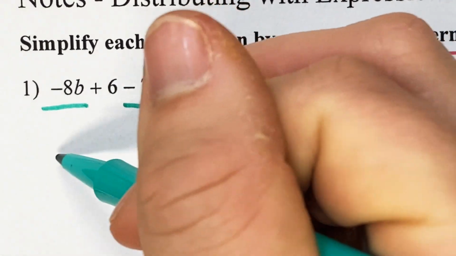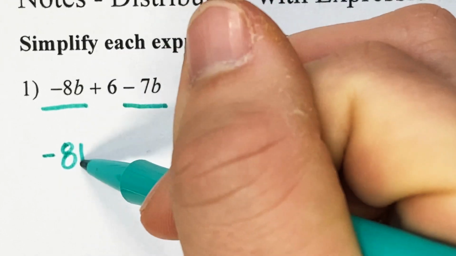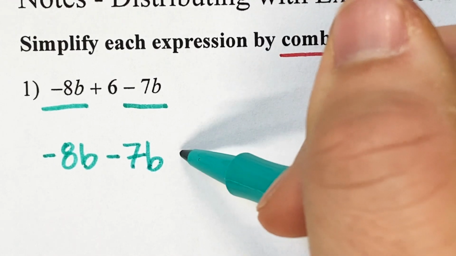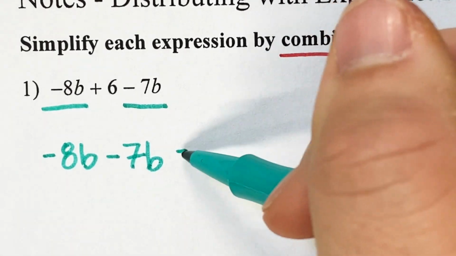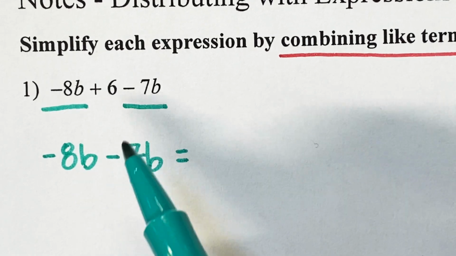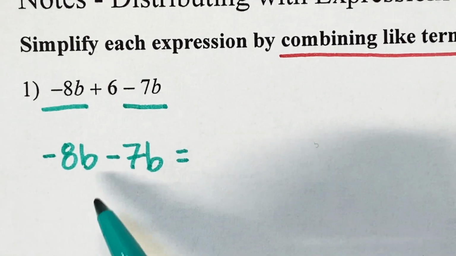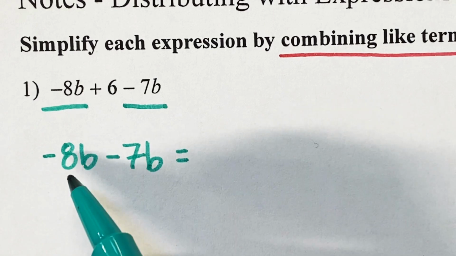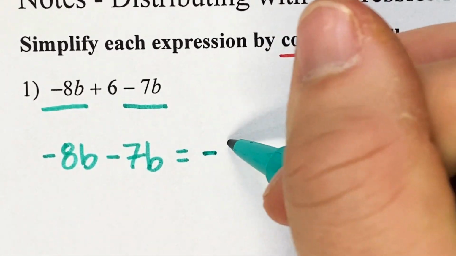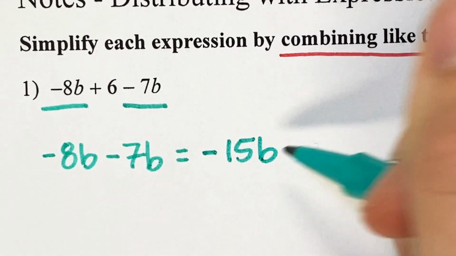So it's like I have negative 8b, and I'm subtracting 7 more b's. We're starting in the negatives and getting 7 more negative. So negative 8 minus 7 is going to give you negative 15b.